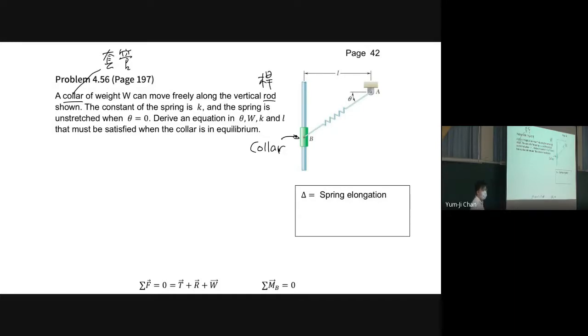And the constant of the spring is k, and the spring is unstretched when theta equals 0.